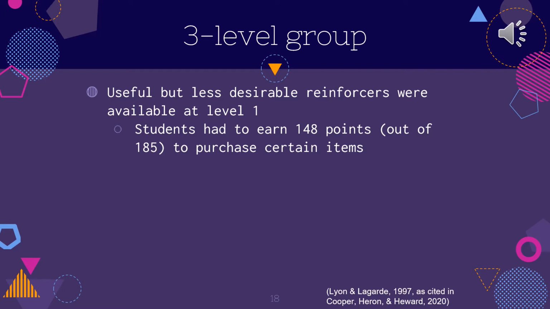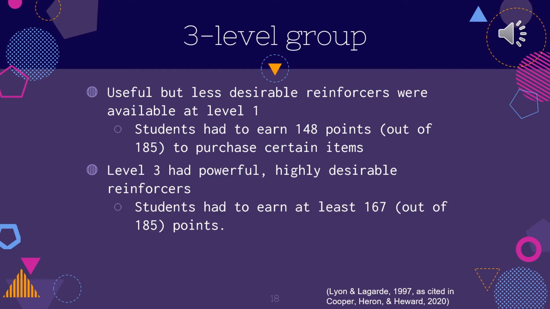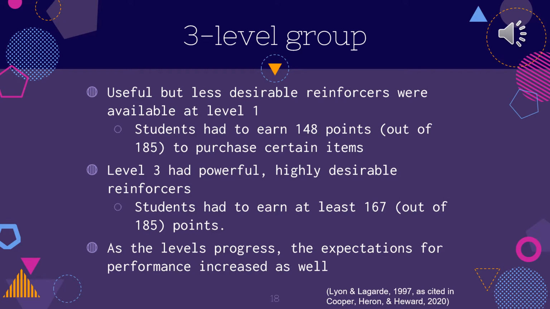The top level, level 3, had powerful and highly desirable reinforcers. In this level, students had to earn at least 167 out of 185 points. As the students progressed through the levels, the expectations for their performance increased as well.